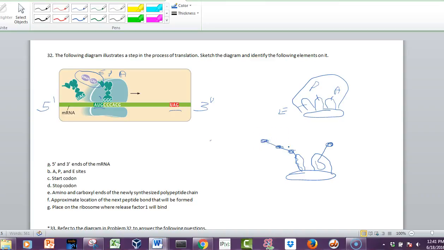As translation occurs, we keep adding amino acids on. What actually happens during translation in this next step is this whole chain gets taken and added to that thing. And the direction that this goes, and we'll look at amino acid structure in a minute, but there's a carboxyl end of the protein, and actually I just did that wrong, so let's undo that.